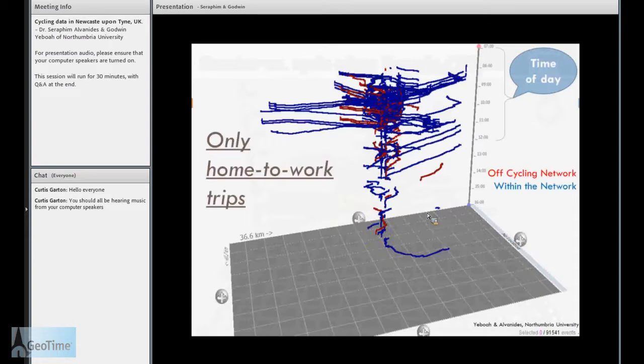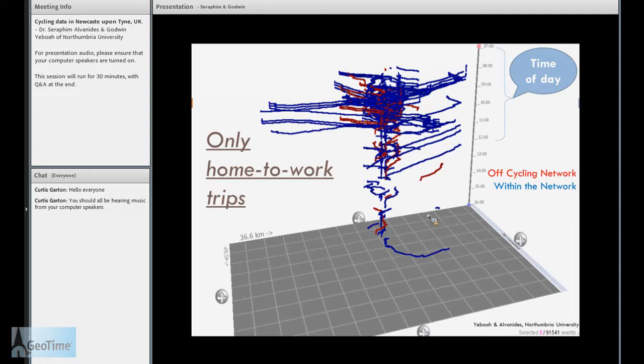So given that we're focusing on commuting cycling and functional cycling, especially in relation from home to work, which is what this subset of the data set is about, we can see whether people cycle within the cycling network or off the cycling network. There are some gaps in the cycling network, like in most cities. So if you want to go from A to B, there is no guarantee that you can complete a whole trip on the cycling network.